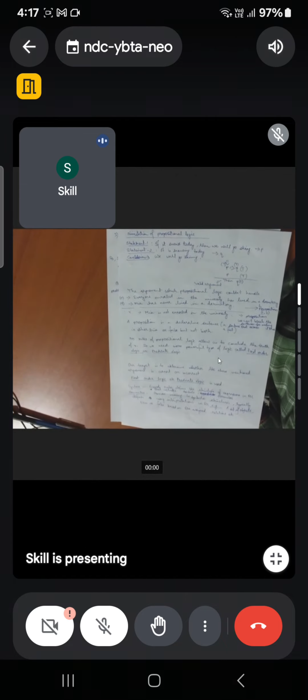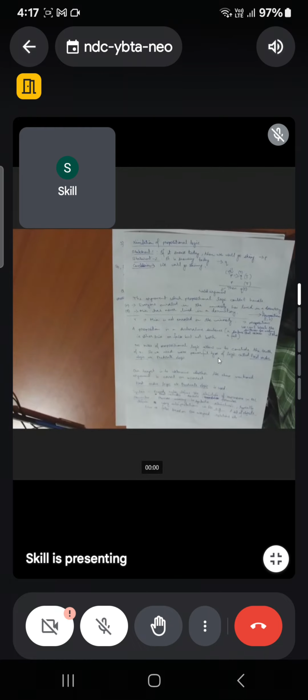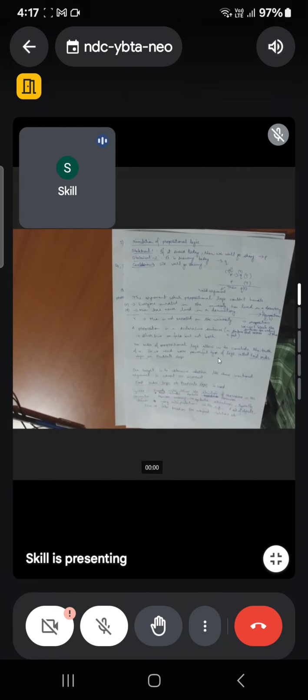Of this you are able to see. I was earlier saying that there is limitation with the propositional logic. So I have written two statements. If it snows today, then we will go skiing. So let's say it as P. And then the second statement is it is snowing today.